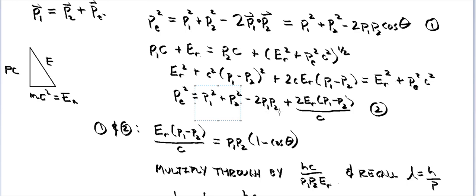And so we can get that ER over C times quantity P1 minus P2 is equal to P1 times P2 times quantity 1 minus cosine of theta. So take this and this, set them equal, convince yourself that you can get to here.